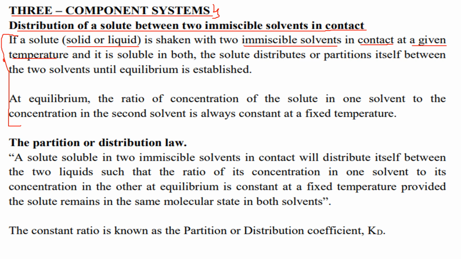It is going to be soluble in both of those solvents, and this solute is going to distribute or partition itself between the two immiscible solvents in contact until equilibrium is established.